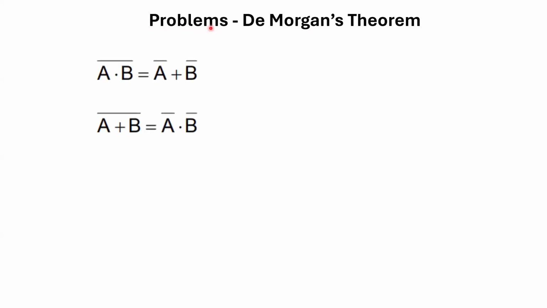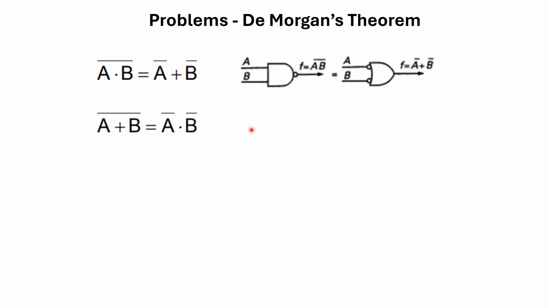De Morgan's theorem, as a reminder: if we have a negation bar on the output of an AND gate, we could substitute that with negating the inputs separately on an OR gate. Just like so. Here's an AND gate, and here is the inversion bubble.